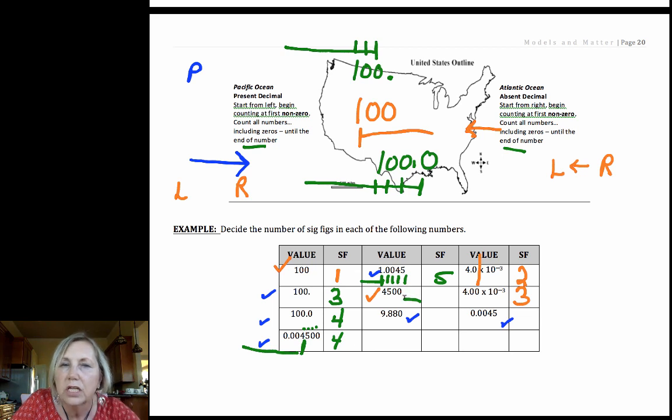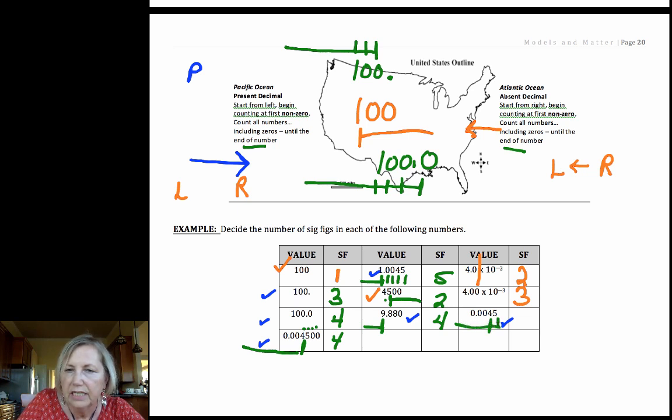You don't start counting until your first non-zero, which is the 5, and then we count the 4 as well, so that has 2. Present decimal, start at the 9, everything counts. We have 4. Present decimal, don't start until your first non-zero, and then don't stop until every digit, including zeros, is over. So this has 2 significant figures.